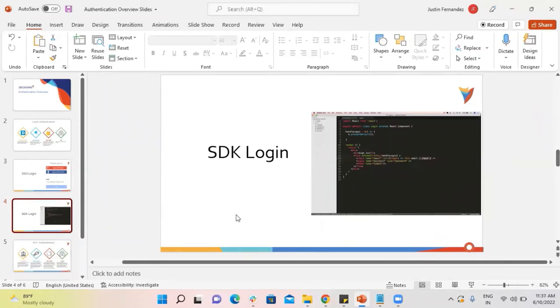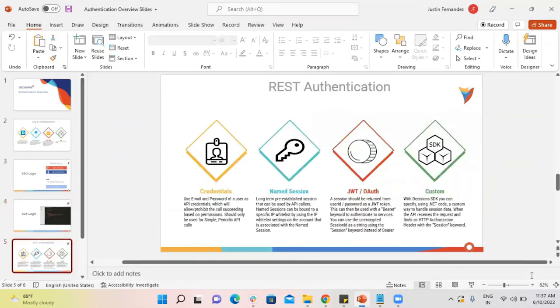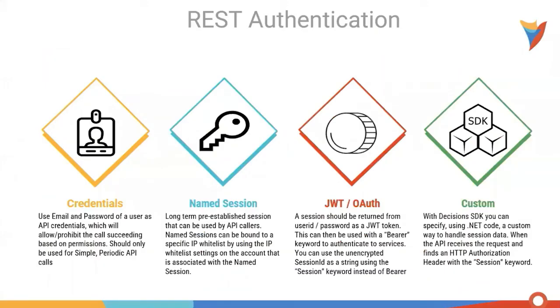Now, let's talk about the different REST authentication services which are available in Decisions. If you want to call Decisions elements like a flow or a rule or a report, etc. via an API, we need to authenticate the user to avail that service.